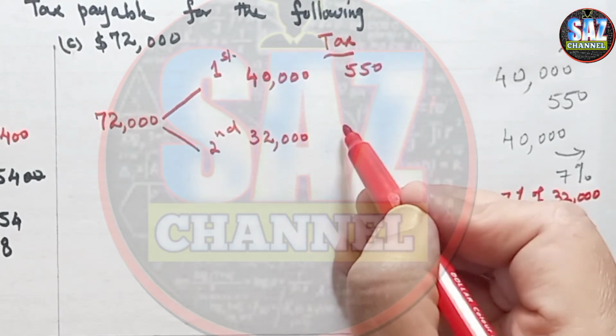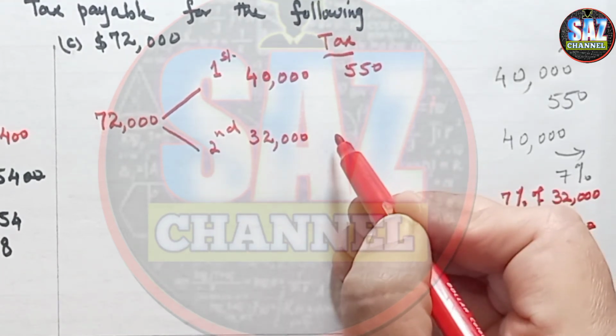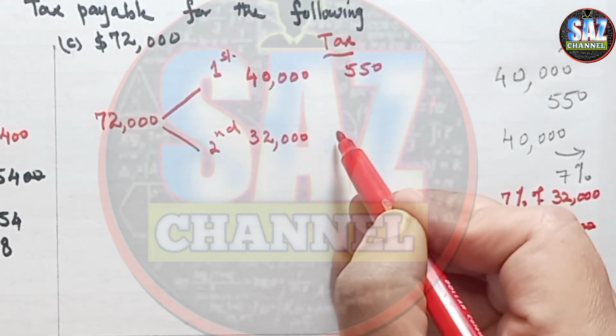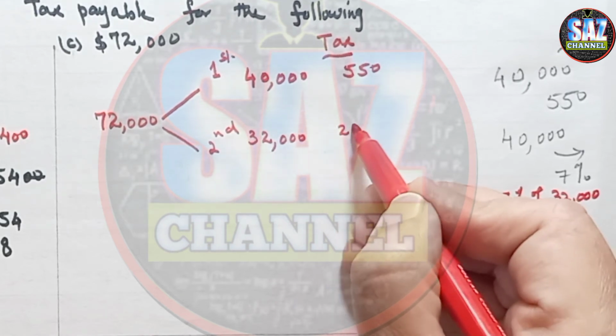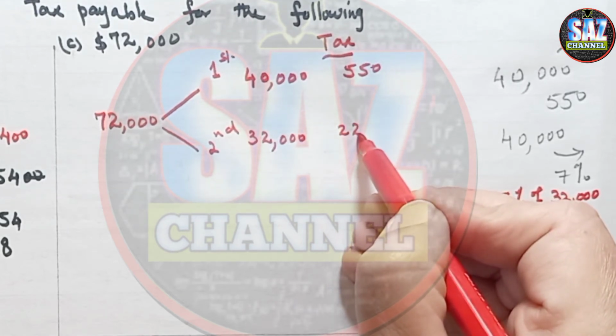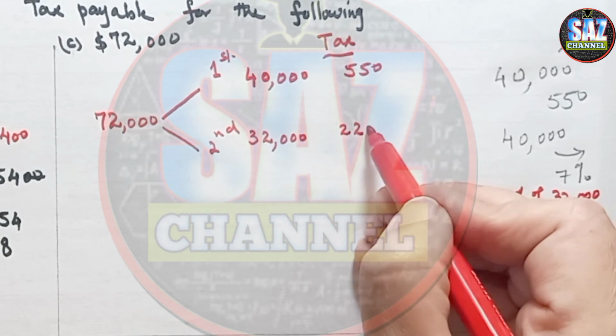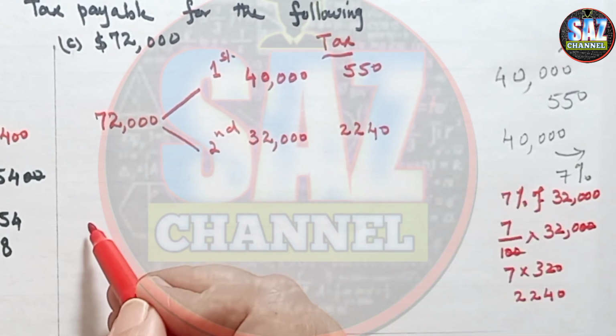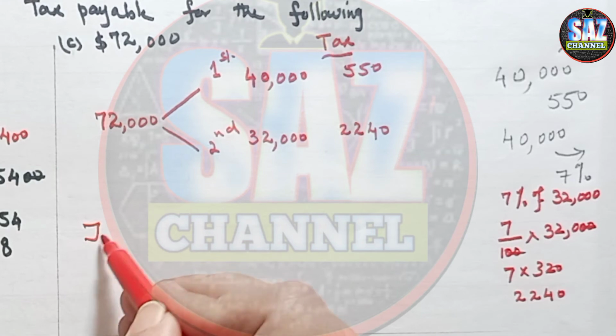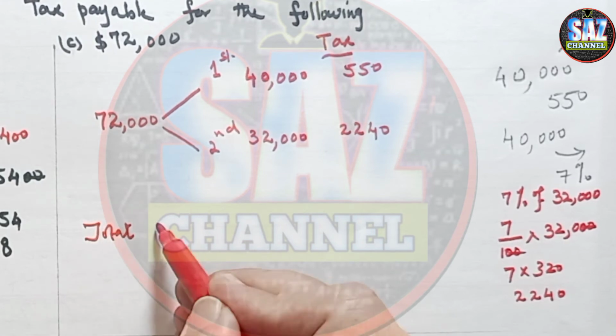So here the amount of tax for these $32,000 will be 2,240.